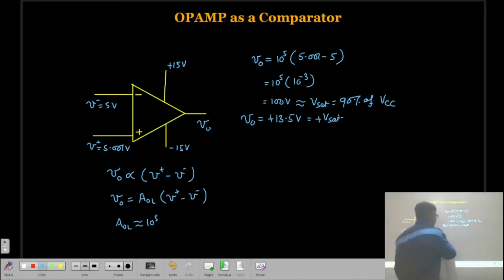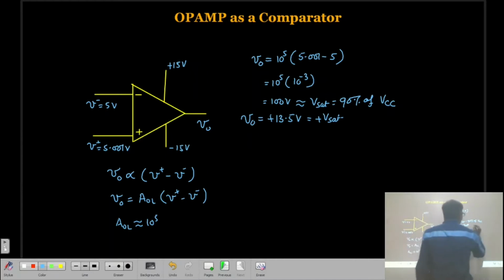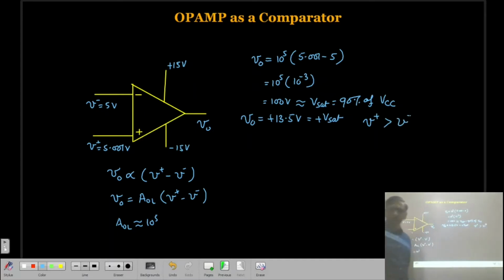Here in this case, we have considered that the V plus is greater than the V minus, and that's why the voltage is positive.